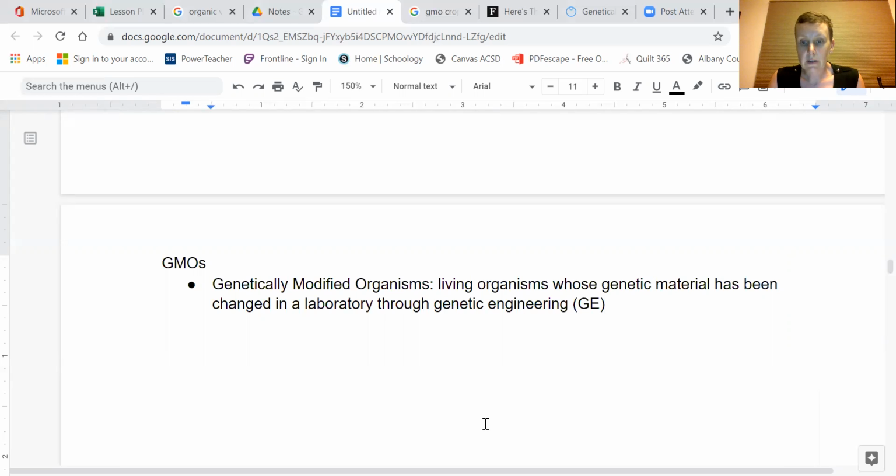That's a pretty specific definition. So it has to have been changed in a laboratory through genetic engineering.